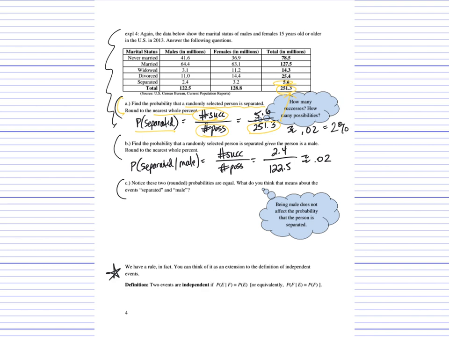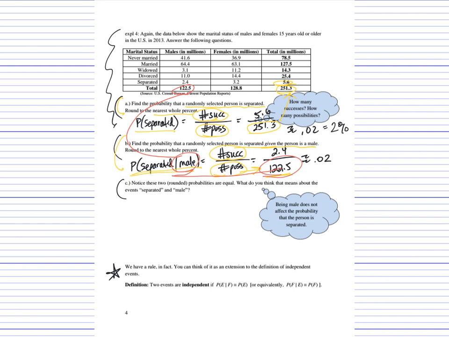All right, now Part B. Here we were given that the person is male. So we're finding the probability that a randomly selected person is separated given that they're male. Again, using my conditional probability formula, I have number of successes over number of possibilities, but here the number of possibilities is 122.5, because we are given that they're male, that they are in this group, right?